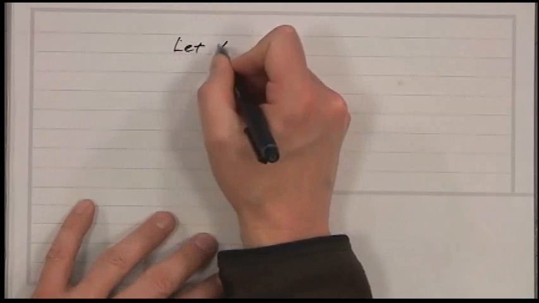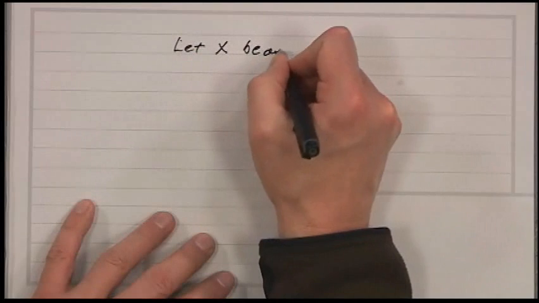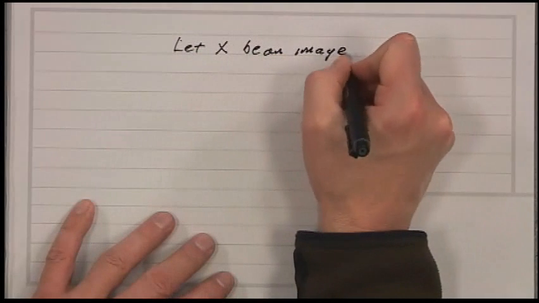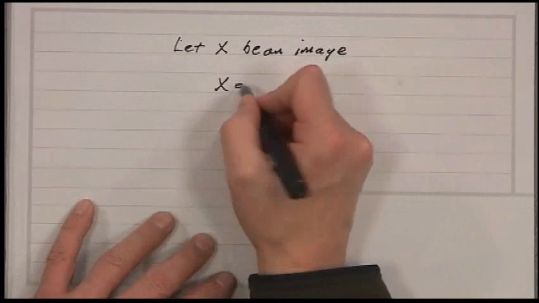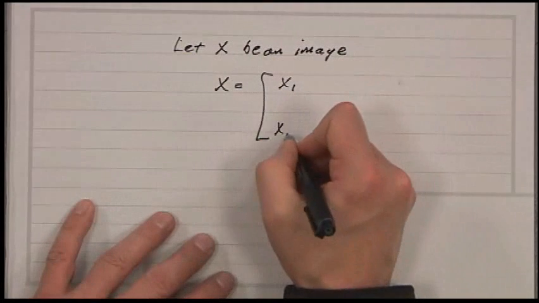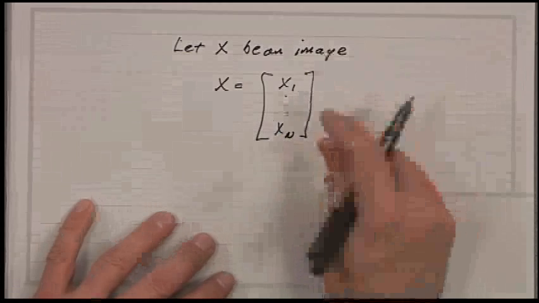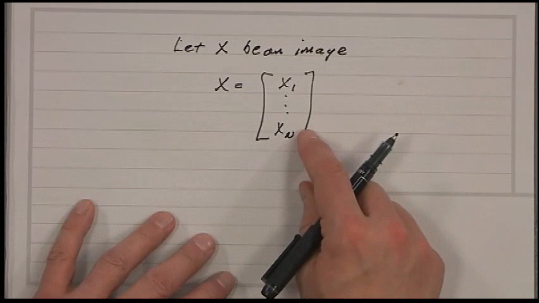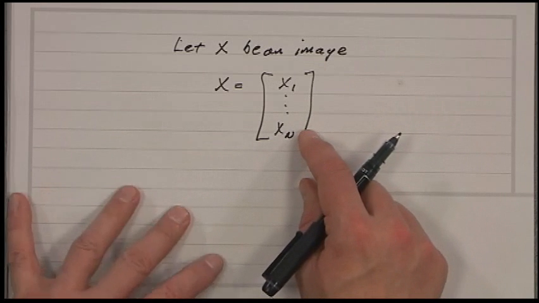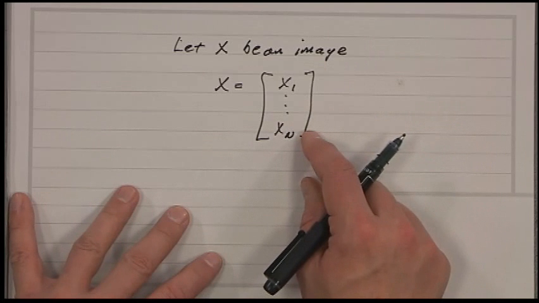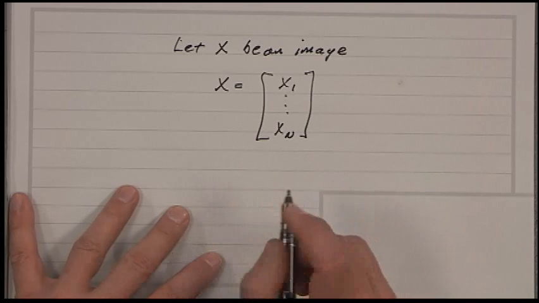Okay, now, what happens is this. You can use this technique to analyze high-dimensional objects. So let X be an image. So X now is equal to X1 through Xp. These are all the pixels in an image, in any order you choose to put them in.